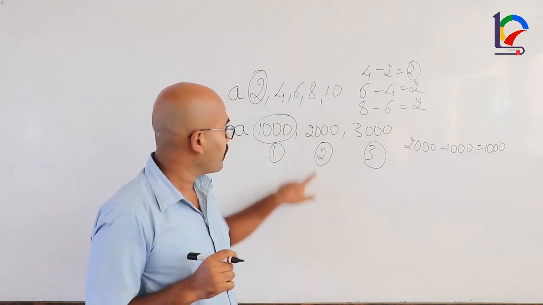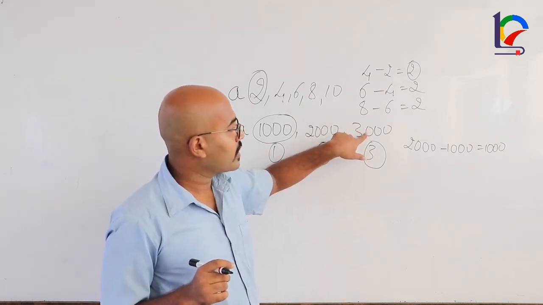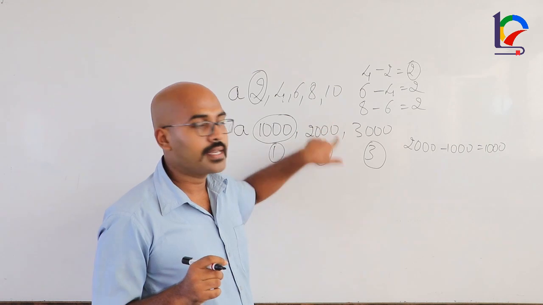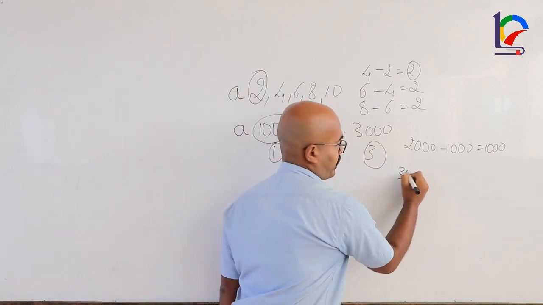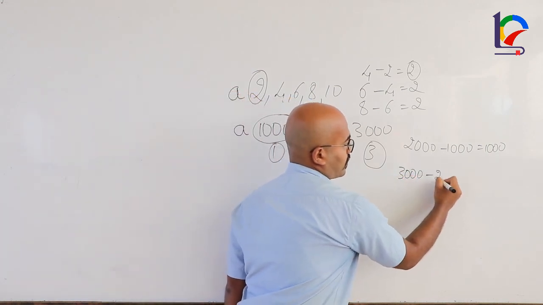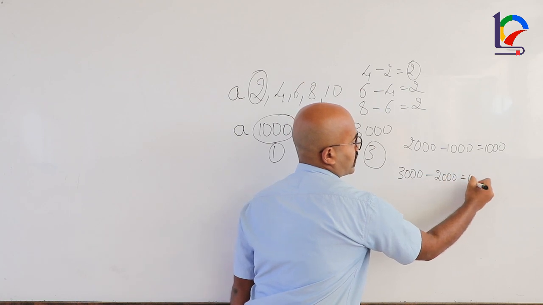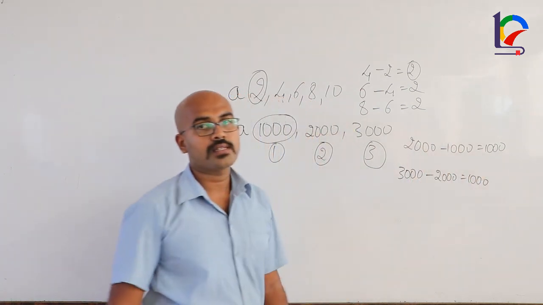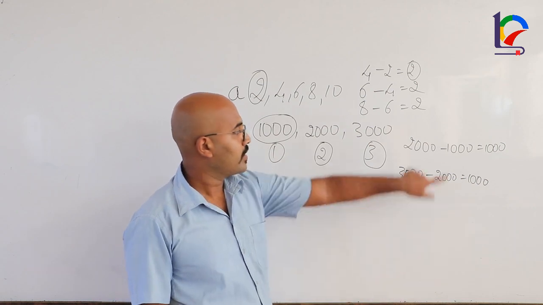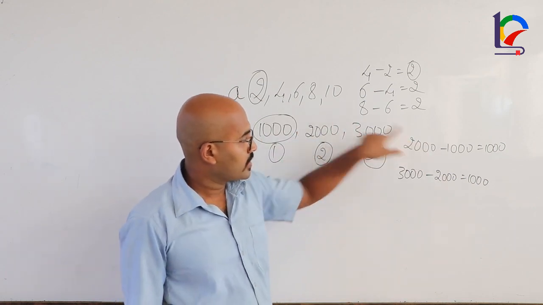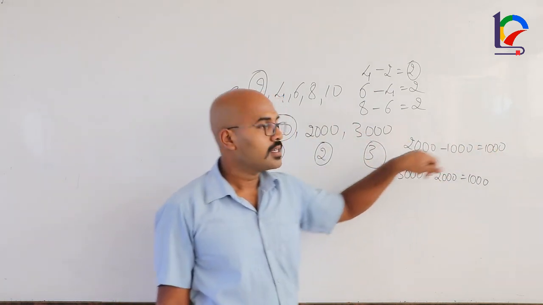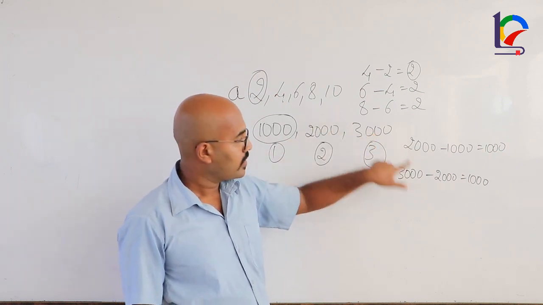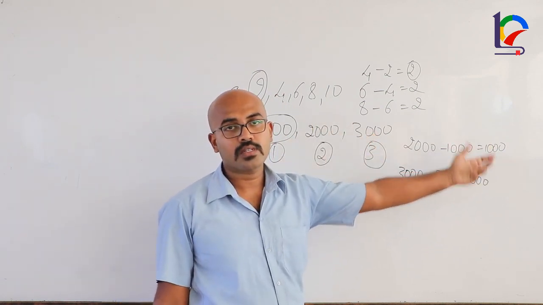Similarly, for the third year and the second year, it will be 3000 minus 2000. Again it's the same, 1000. So second year minus first year is 1000, and third year minus second year is also 1000.